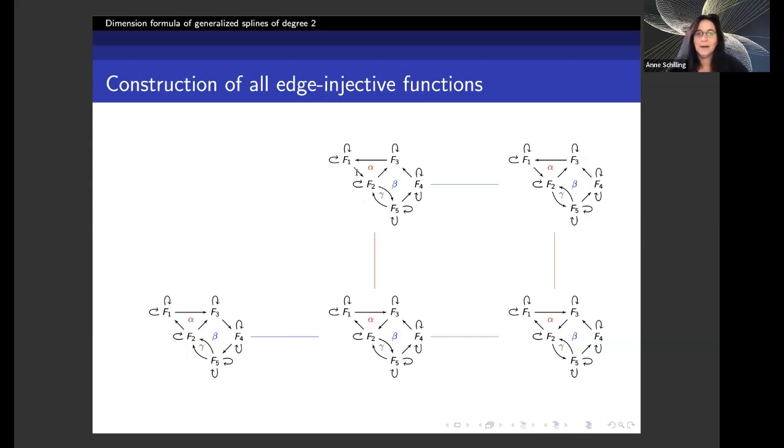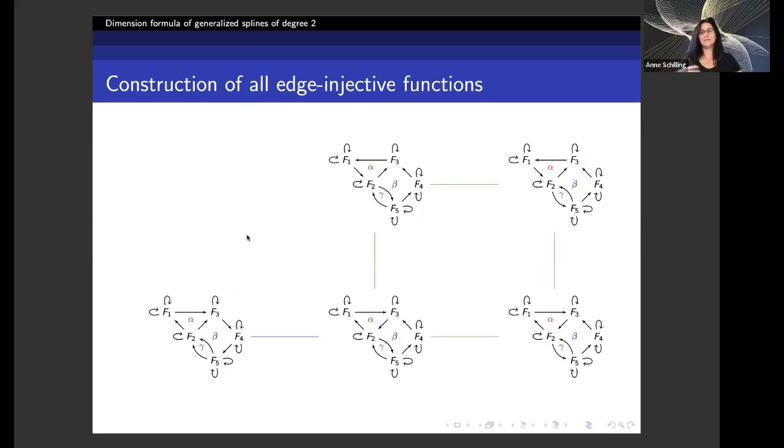For example, here we have a directed cycle around alpha. If I reverse that, I get this down here, right? And then you can actually go from any such edge injective function to any other one by reversing a particular cycle. For example, to go from here to the one in the bottom left, I reversed the alpha plus beta cycle.